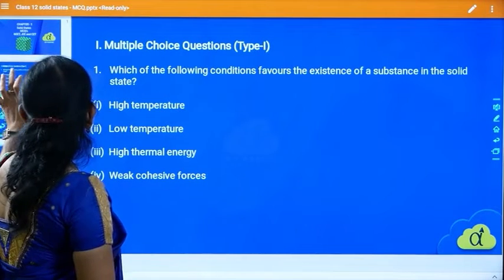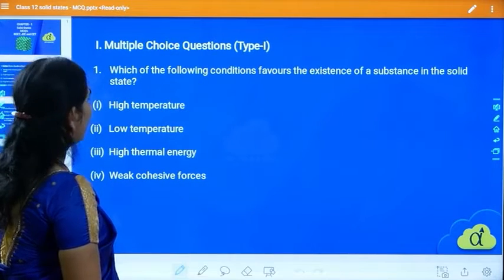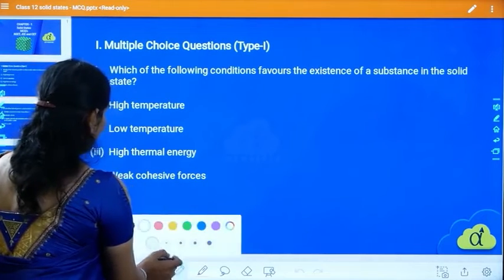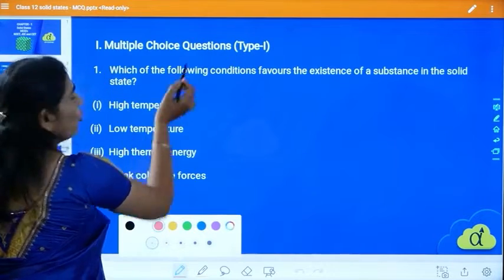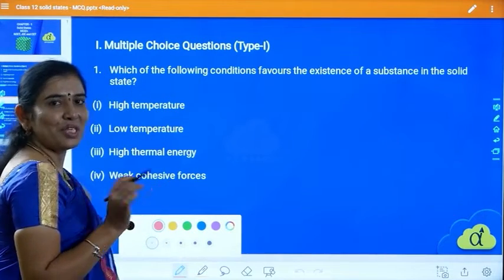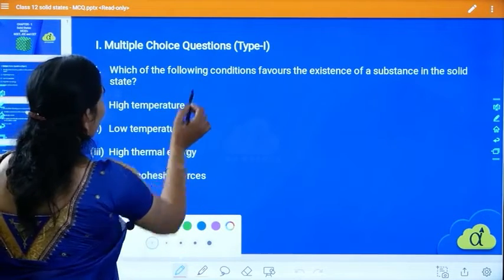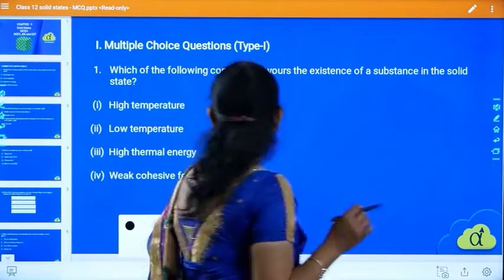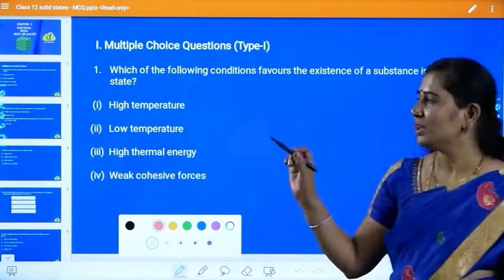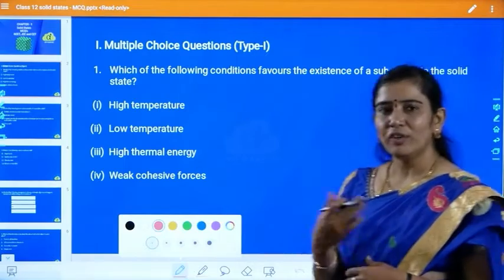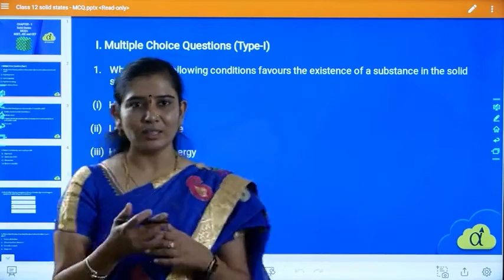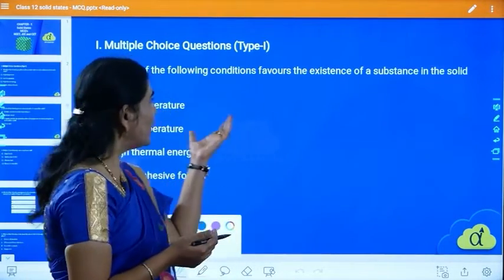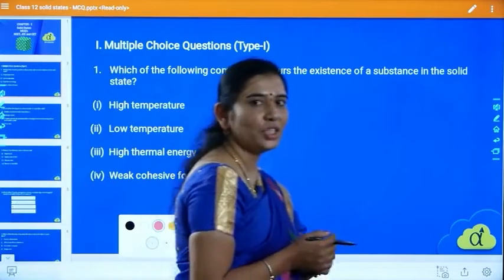Now, the very first question I'm taking is, of course, multiple choice questions only, MCQs. Which of the following conditions favors the existence of substance in solid state? For a substance to exist as a solid, what conditions are essential?